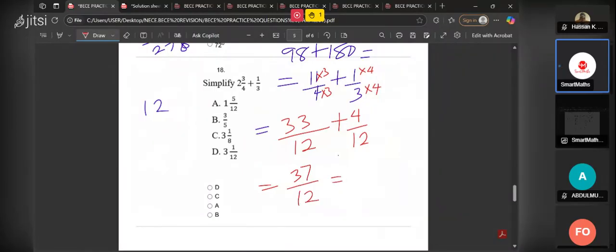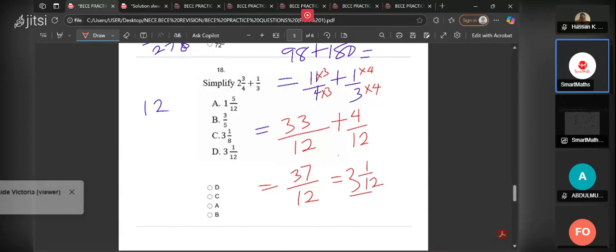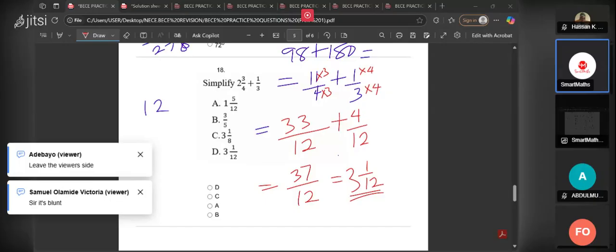But that is not our final answer because this is an improper fraction, so we change it to a mixed fraction. How many 12s can we see in 37? That is 3, remainder 1 out of 12. I hope this is clear right now.